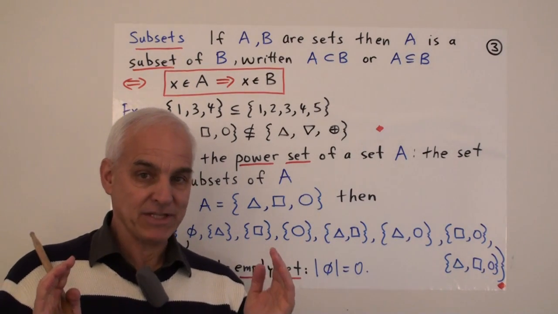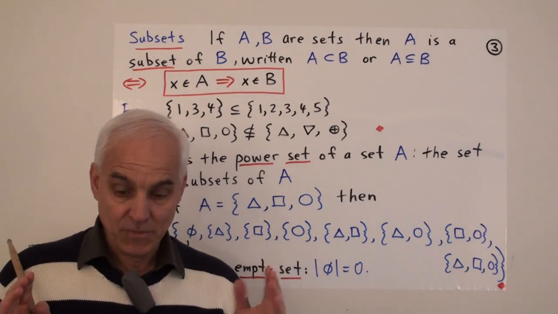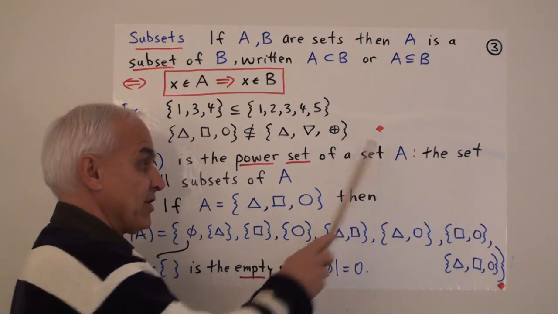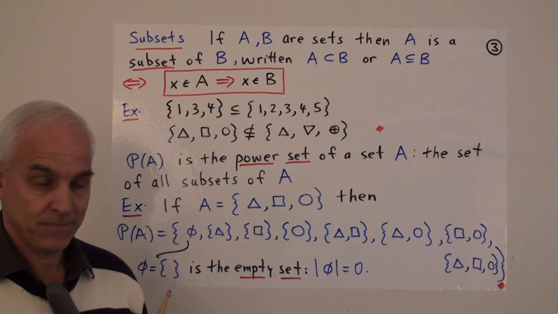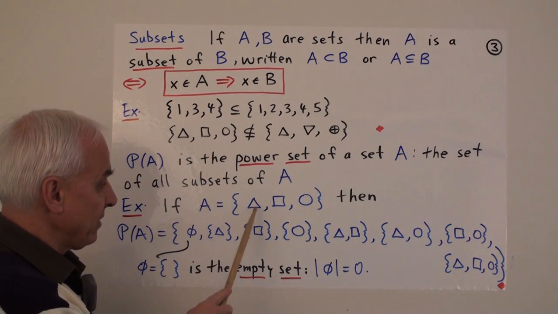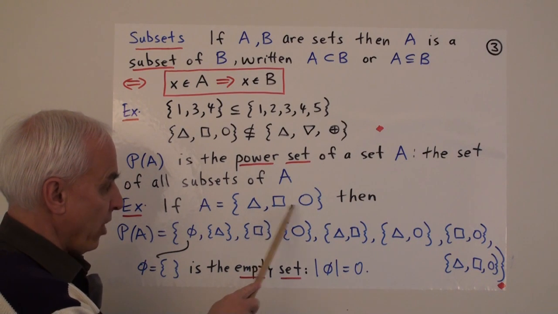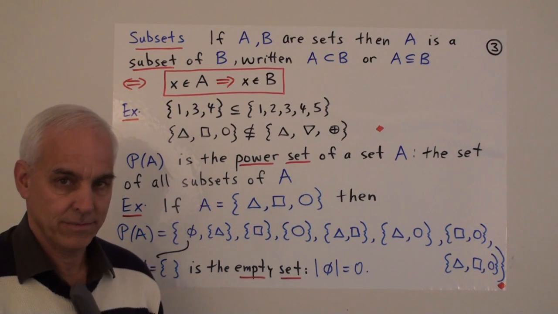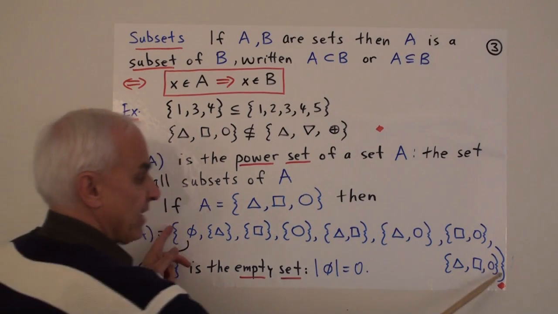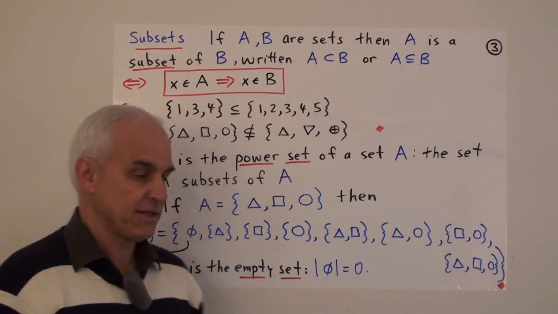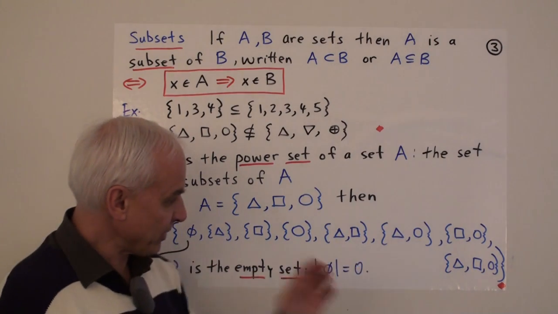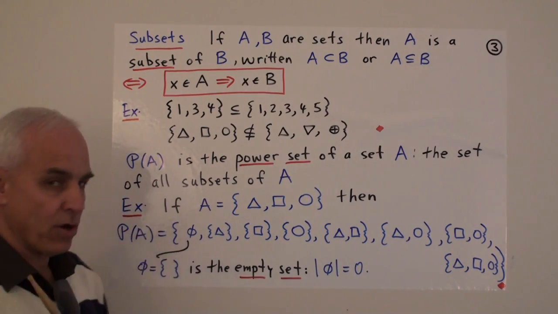So the power set of a set is another set whose elements are all the subsets of A. Here's an example. So suppose A happened to be the set triangle, square, circle. Then the power set of A is going to be the set of all subsets of A. And this is really useful because we can see all the subsets, what they look like.